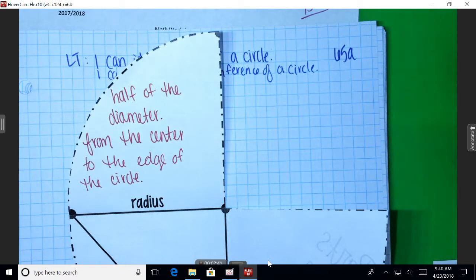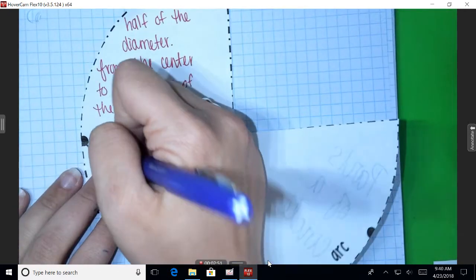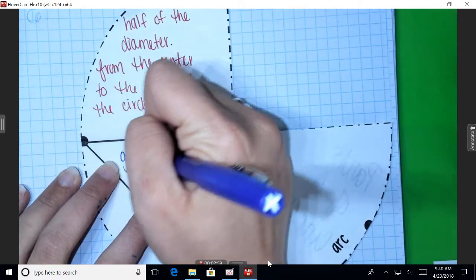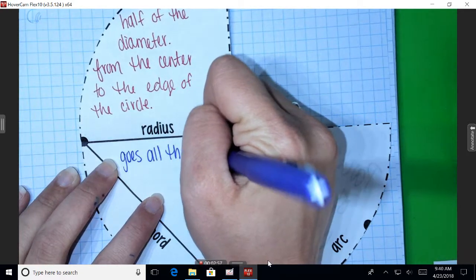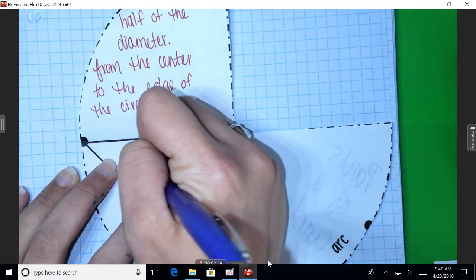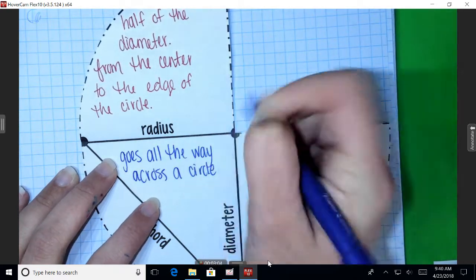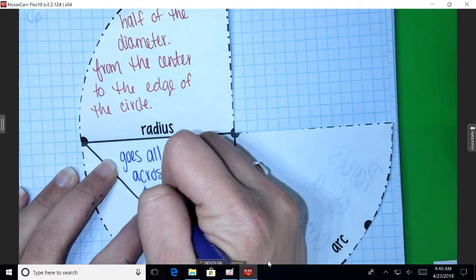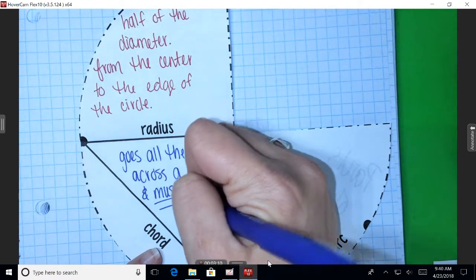And what's the diameter then? What does it have to pass through? The center. So the diameter goes all the way across a circle and must, underline must, because it has to pass through the center.